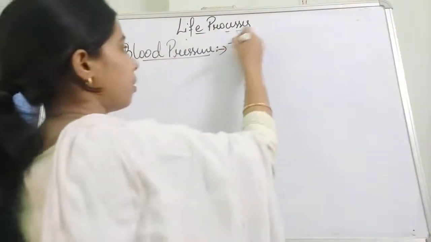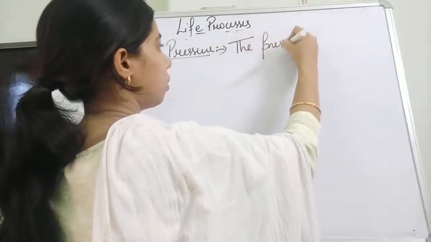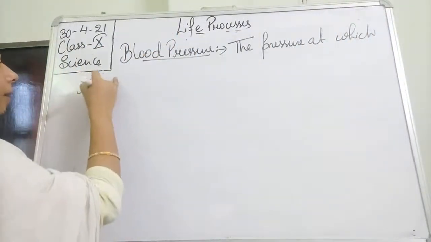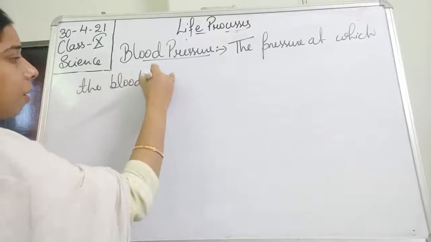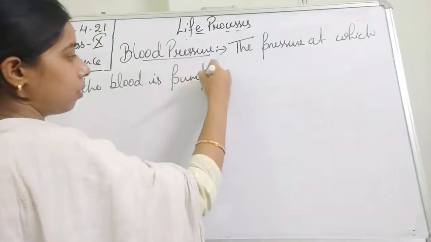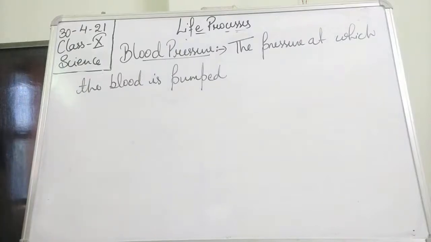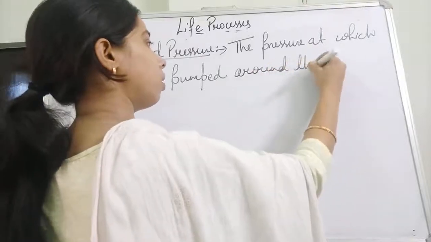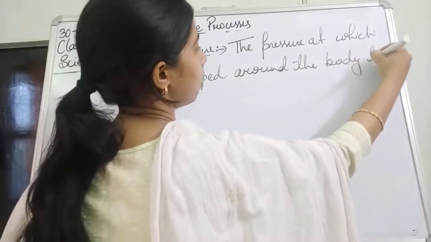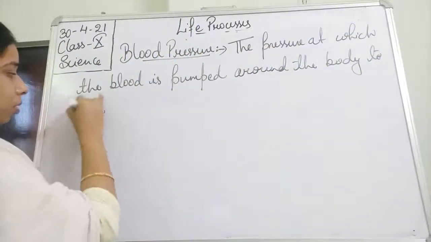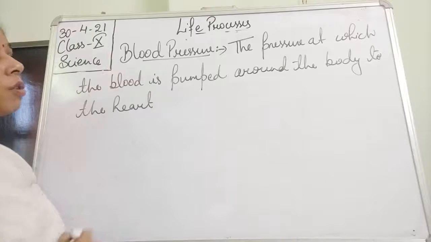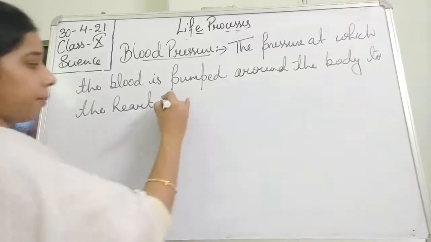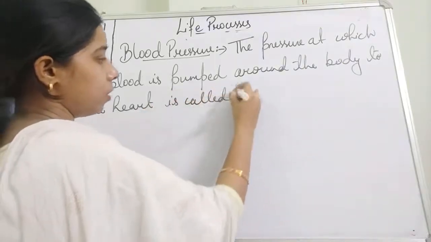So the pressure at which the blood is pumped around the body to the heart is called blood pressure.